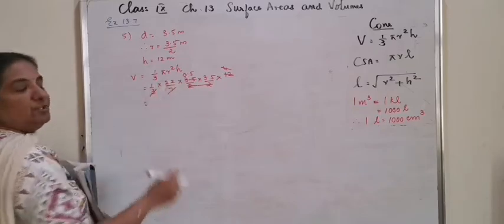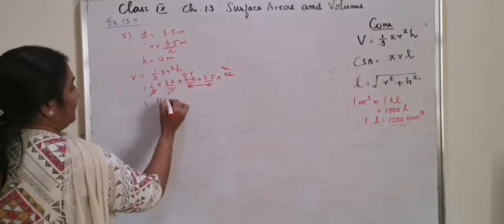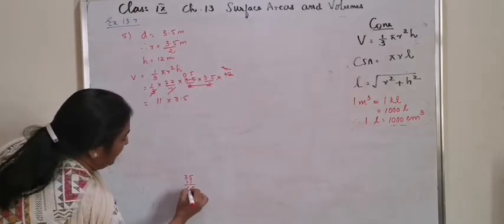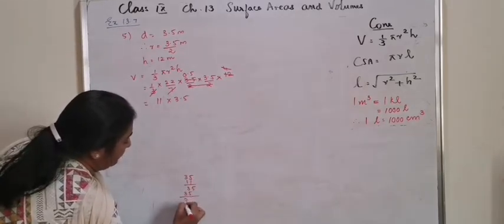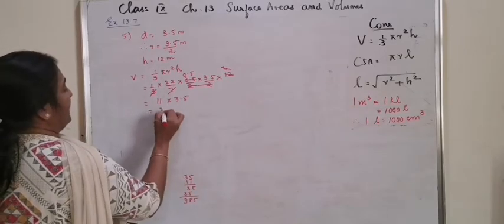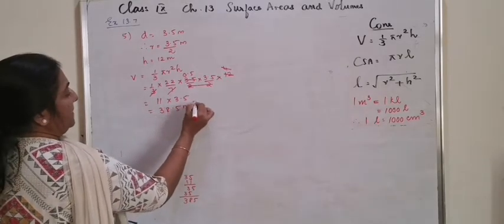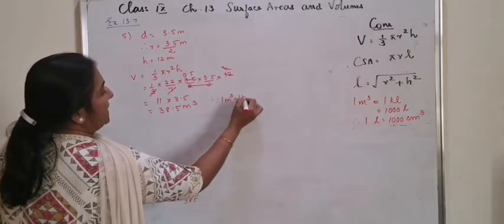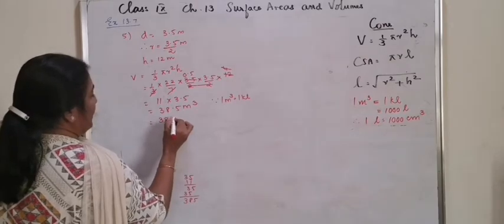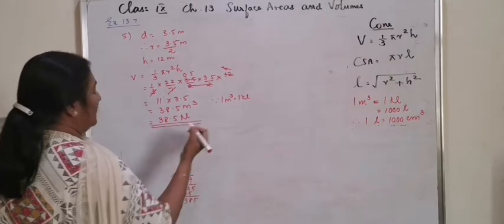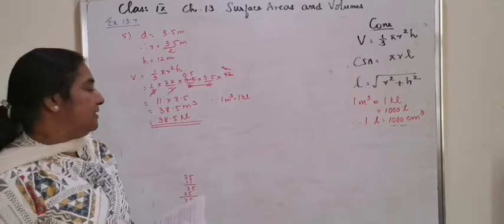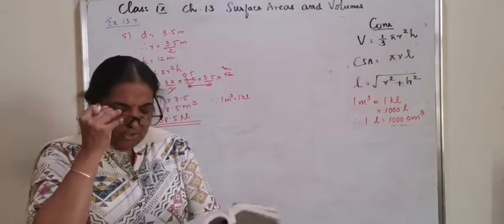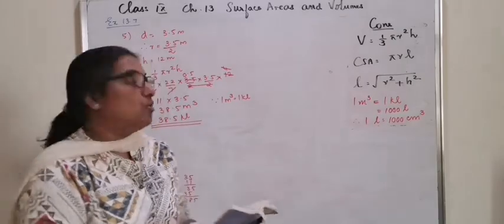So 22 into 0.5 is 11 into 3.5, 35 into 11, 385 or 38.5 meter cube. Since 1 meter cubed is 1 kiloliter, this is the same as 38.5 kiloliter, the same answer, 38.5 kiloliter.